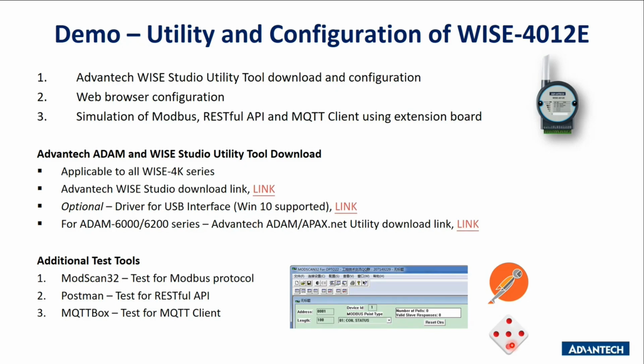In my hands-on portion, I'm actually using one of the public MQTT brokers from a third party. So I'm using a WISE module to publish all the data to the third-party MQTT cloud. I will use the MQTT Box to subscribe and publish the data.